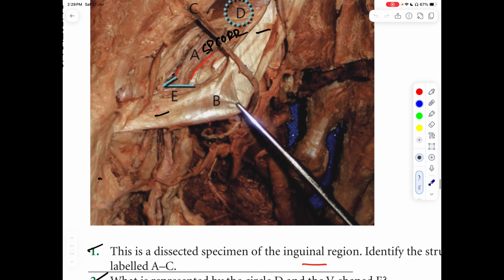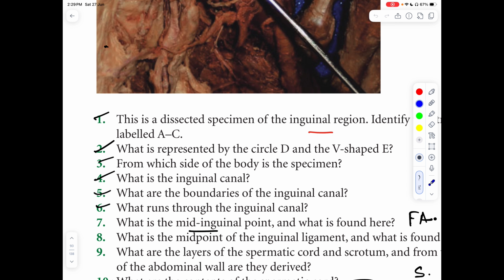Now what is the inguinal canal? It is a tube-like structure, a tunnel and cleft-like space between the layers of the abdominal wall, 2 cm wide, running parallel to the inguinal ligament. What are the boundaries? Anteriorly is the external oblique aponeurosis, reinforced laterally by the internal oblique.